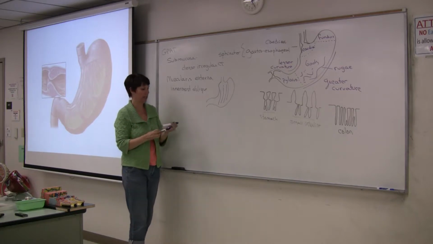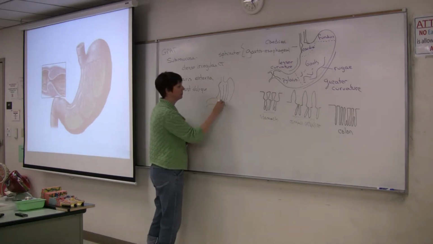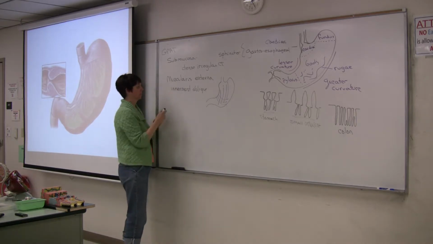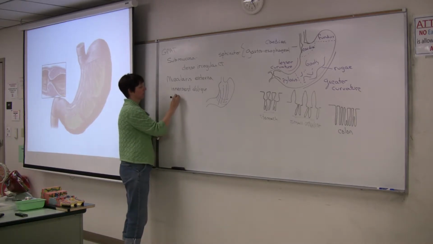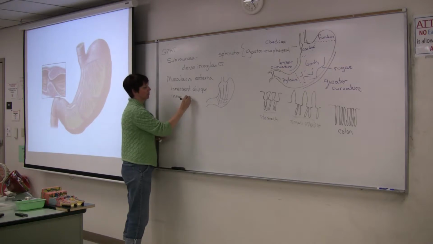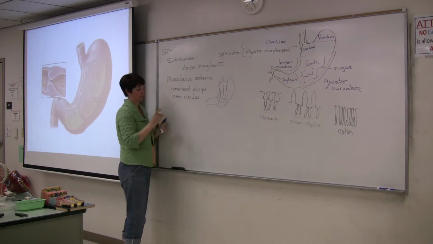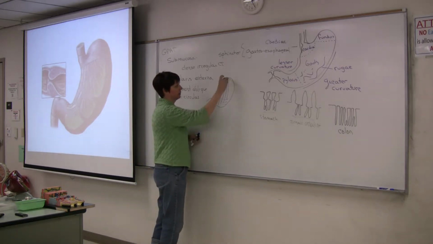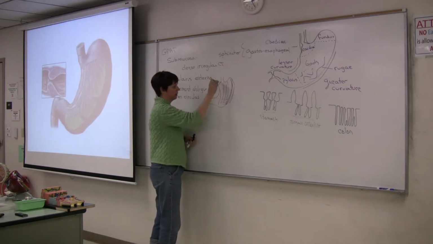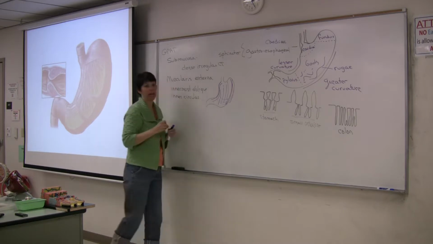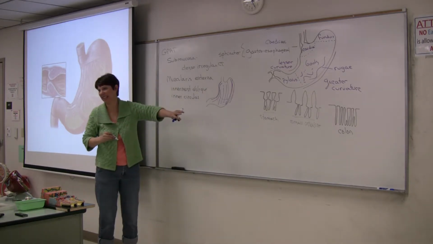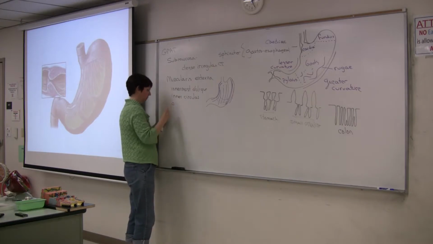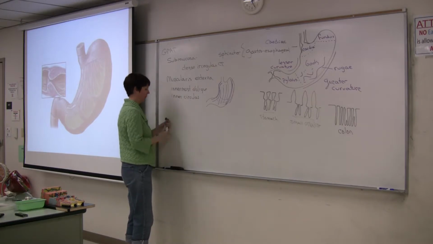And then we have our inner circular. And then running the length of the stomach, and that would be covering everything, it's not just on the surfaces, we would have our outer longitudinal.